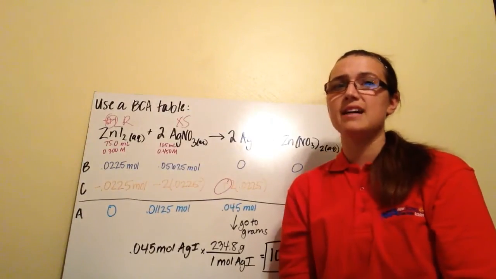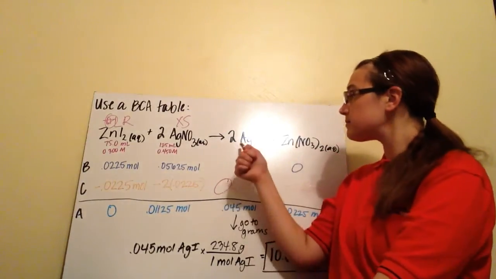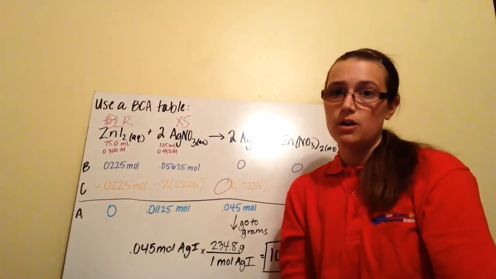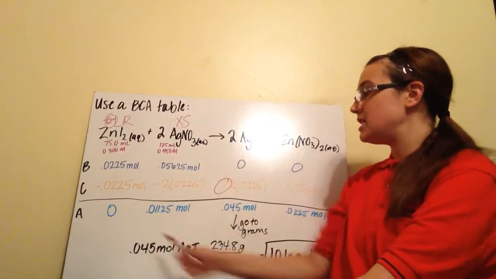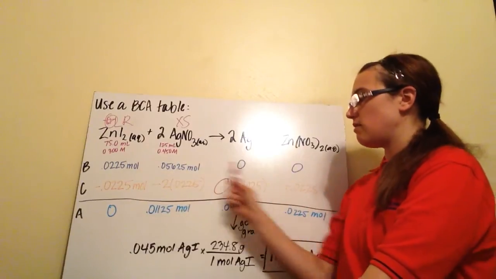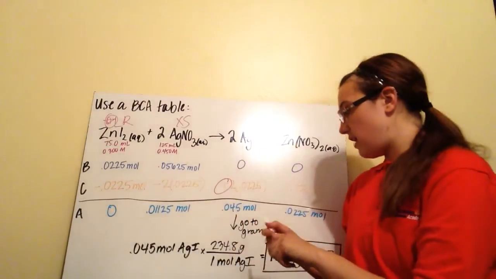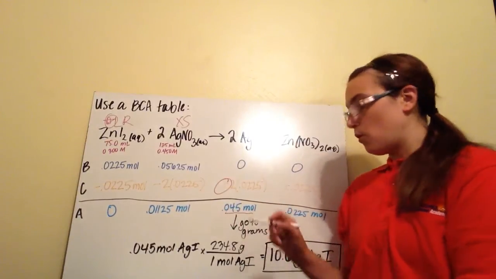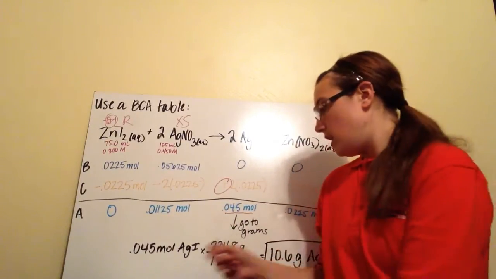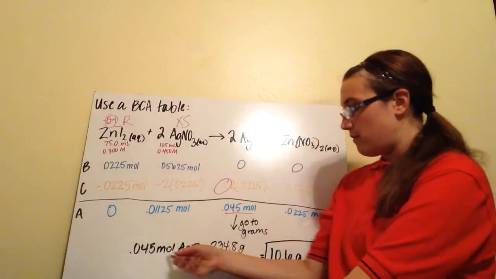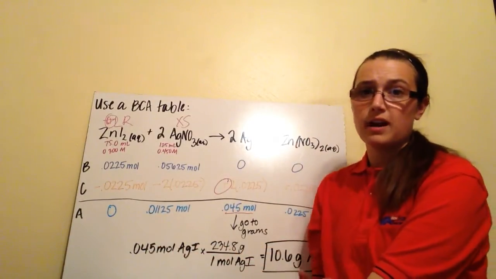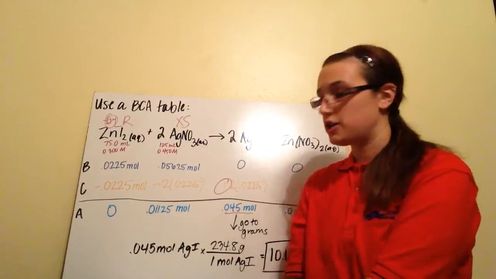Now the problem asks how many grams of the solid do we produce. So from the BCA table, remember whenever you plug anything into the BCA table, it's always moles. So from this value of moles, we can go to grams. So I have 0.045 moles of silver iodide that I make in this chemical reaction.